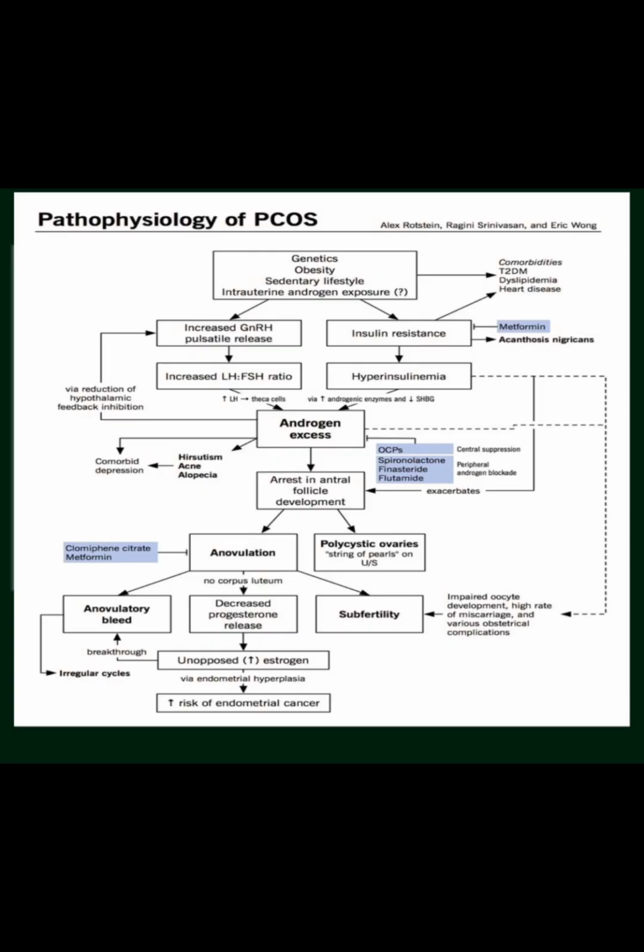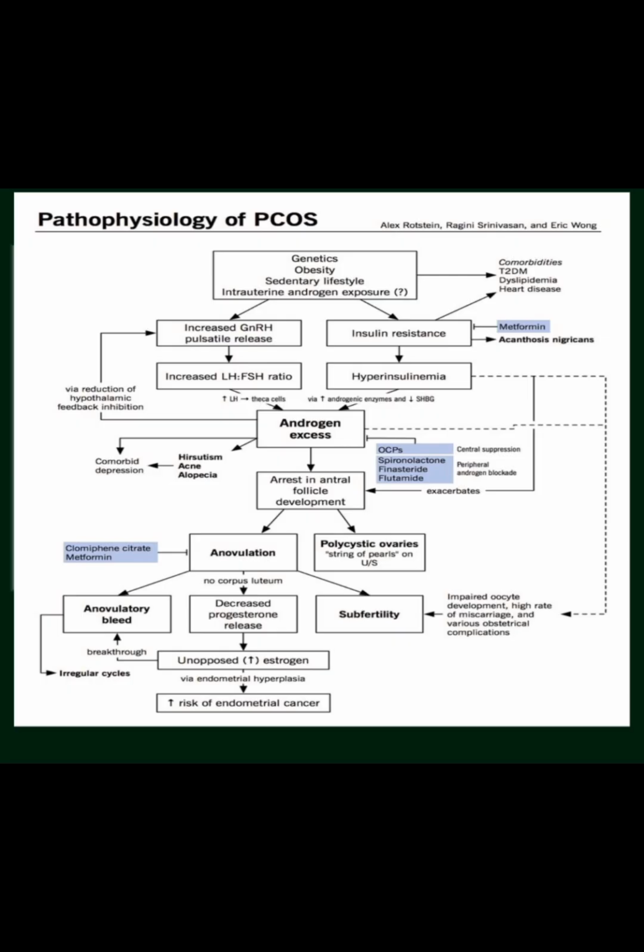So what will happen when there are excess androgens in the body? It will lead to arrest in the antral follicular development and further lead to what we call polycystic ovaries.